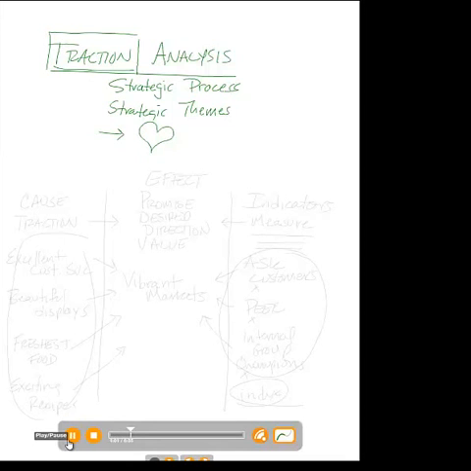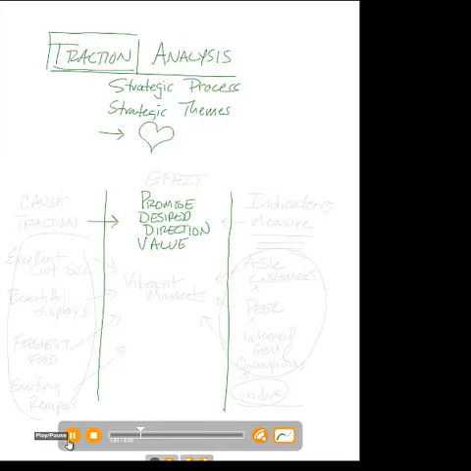And it's not very complex. It's actually just another cause and effect model, but it's worth an explanation. So if we think about the promise, or our desired direction, something that we're trying to create, some value that we're trying to build, traction analysis comes in three parts.